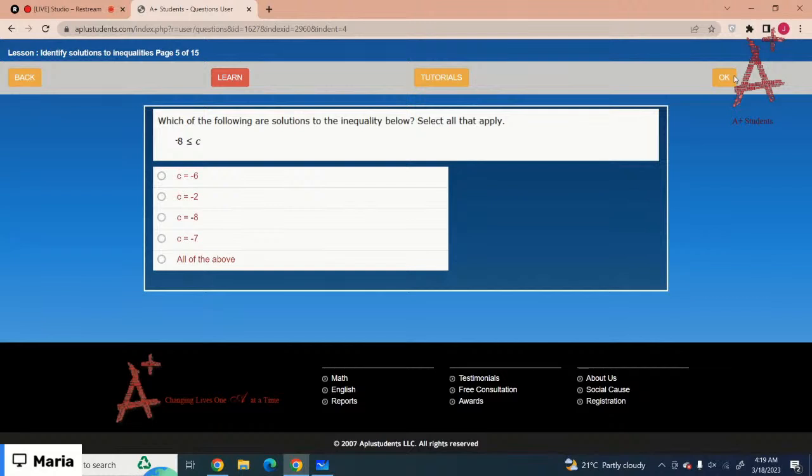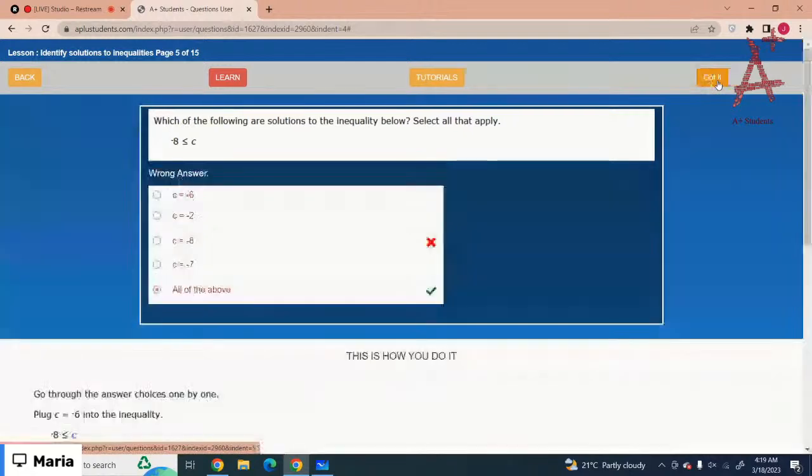The correct option is c equals -8. Got it? That is the only one that is equal. Oh, sorry. All of the above: -6, -2, -8, and -7. They are all true because they are all less than -8. Just -8 is equal to -8. Got it?